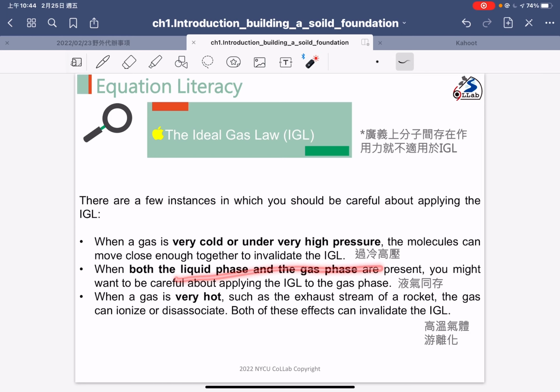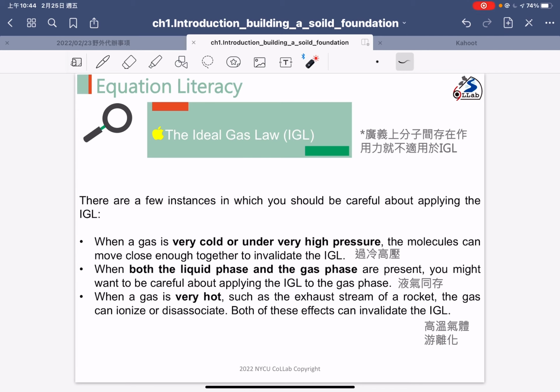And the interaction between two different phases, like the gas and the liquid, or the gas and the body, we call that the viscosity. We talked about the viscous force last time. So you have the viscosity force, which means it is one kind of interaction force. So you cannot apply the ideal gas law. And also the final one is very hot.